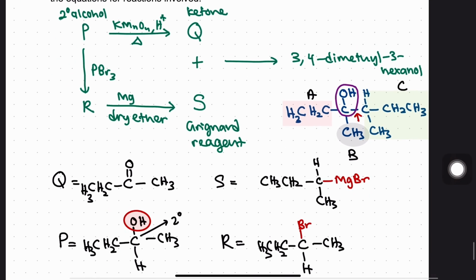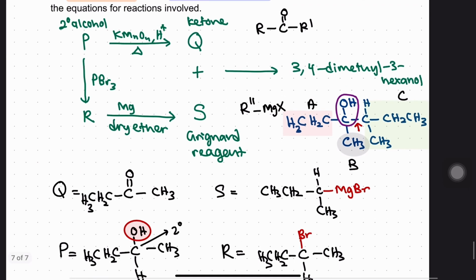So Grignard and ketone, if you can recall, generally, let's say the ketone comes with an R prime group, and the Grignard comes with an R double prime MgX group.